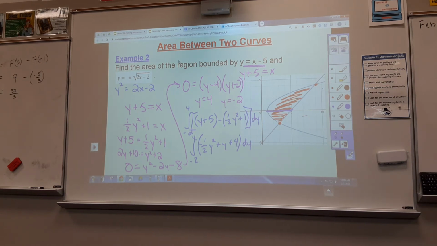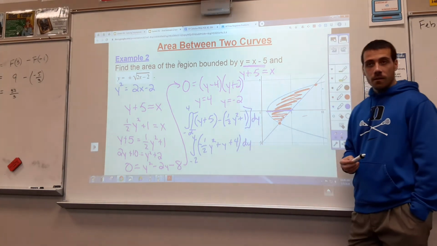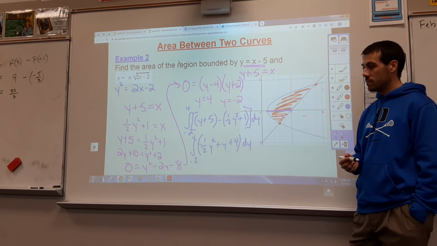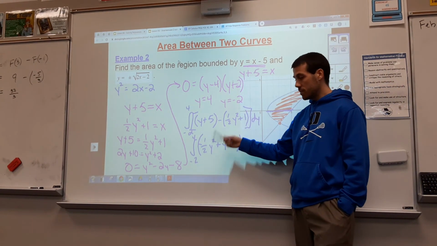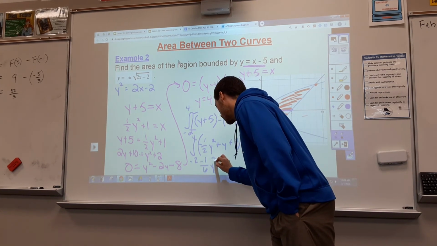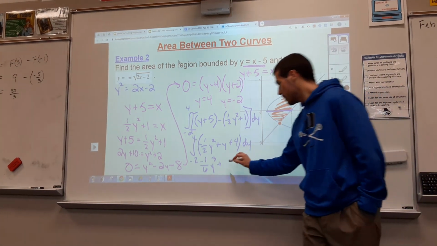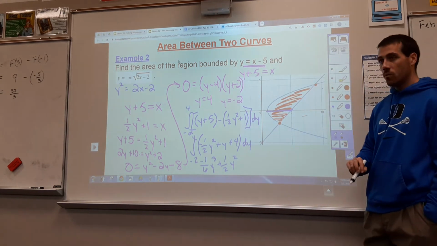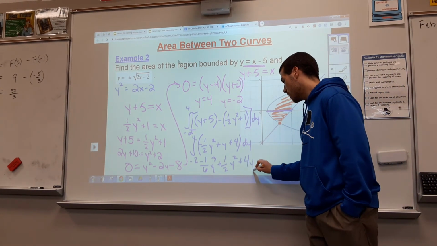Negative 1/2 y squared would be negative 1/6 y cubed, because it's going to be a cube, so it has to be a third. All right, the y is a little bit easier: 1/2 y squared. 4 is even easier: 4y.